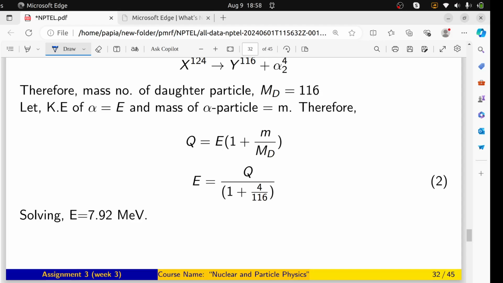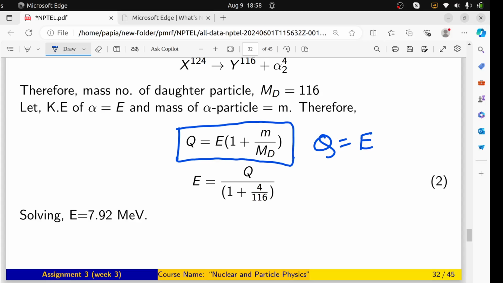This is the expression, the Q value in terms of the alpha particle kinetic energy. This is Q, this is E, meaning the kinetic energy of the alpha particle, plus E into M by MD. What is M and what is MD? Okay, I am writing here.